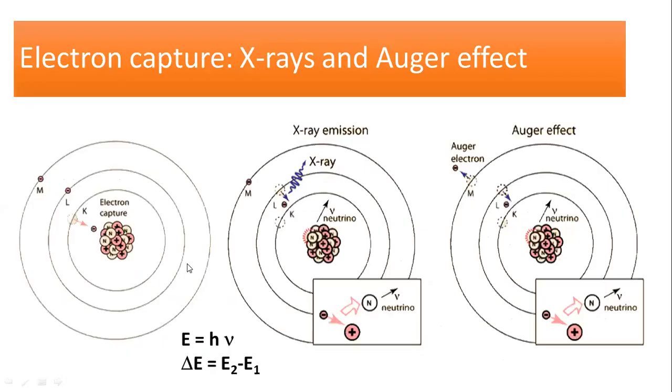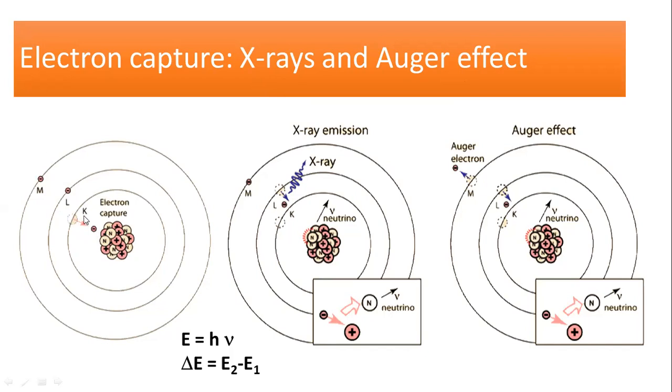Now moving to the processes associated with electron capture: X-rays and the Auger effect. So what is happening here? This is the nucleus. The nucleus has protons and neutrons, and if one proton captures one electron, the most easily accessible electron is from the K shell.